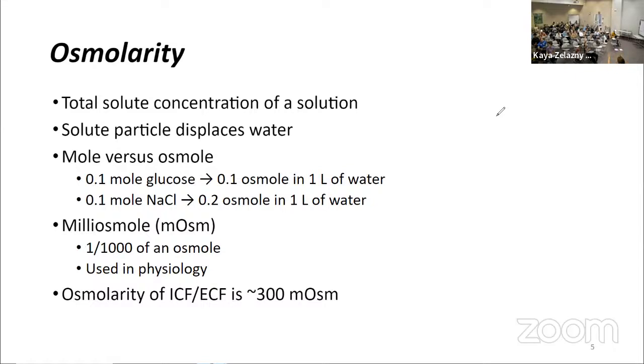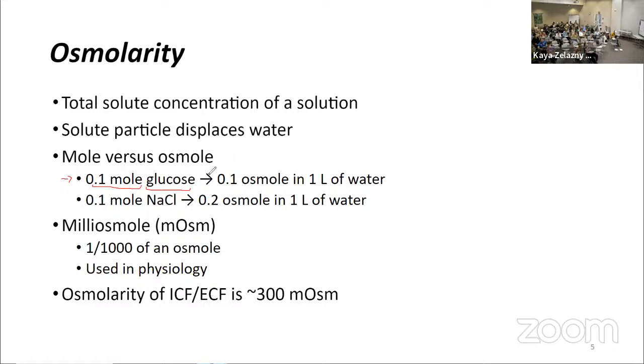So the osmoles are going to be adding everything together, but we're going to think one by one to see how they add in. Okay. So we're going to start with a solution in this first example. It's just glucose and water, right? So if we have just glucose and water, we have 0.1 moles of glucose in our water sample.